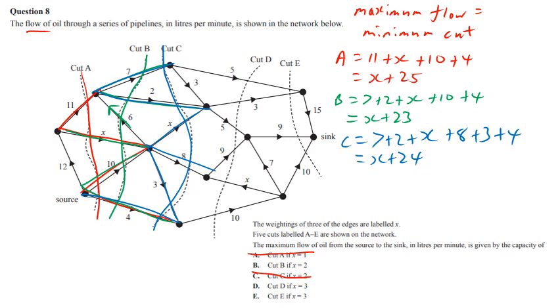Let's look at another one. What color should we do this time? Let's go purple. All right, we got cut D. Now cut D is interesting because we've got 5 plus 3 plus 5 plus 9, but the X doesn't count. The X is going the wrong way. Plus 10.